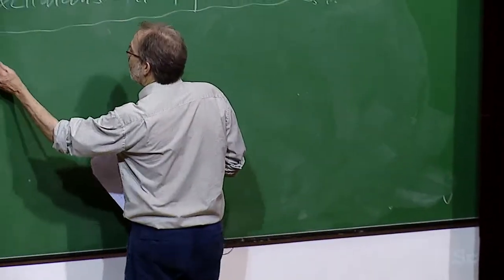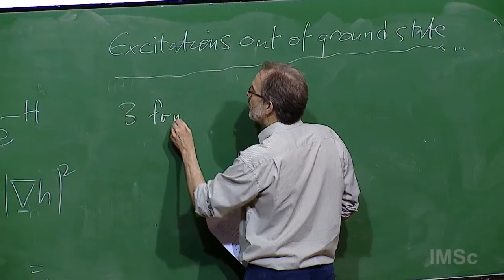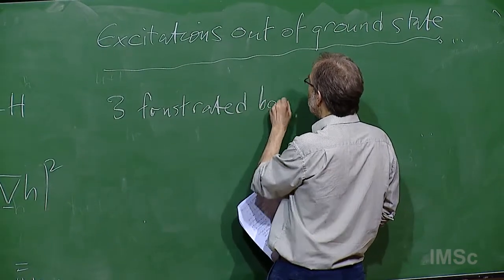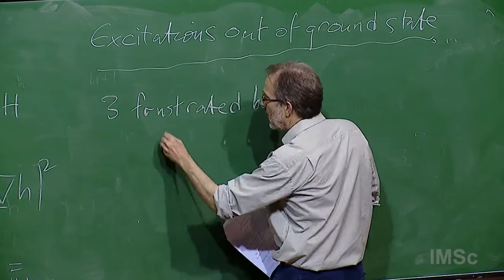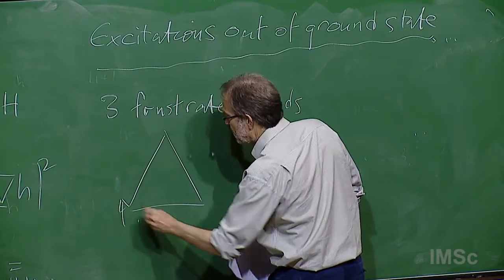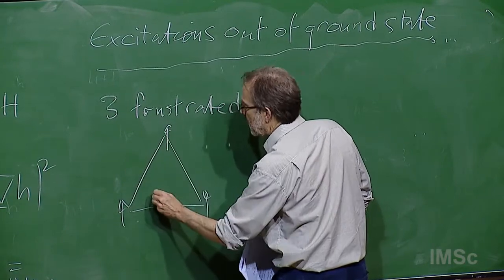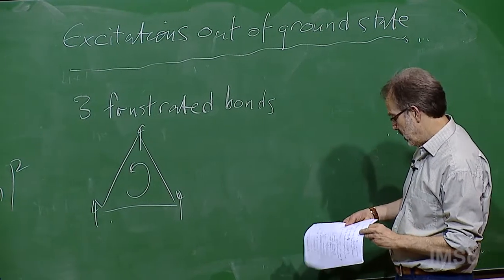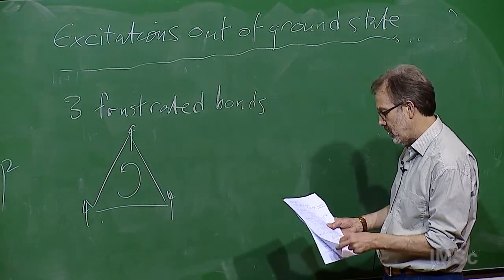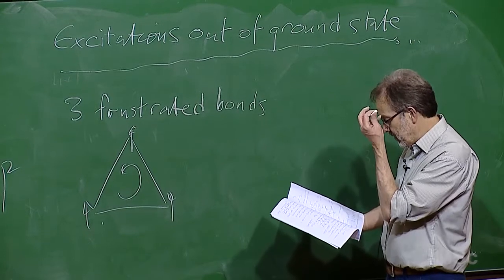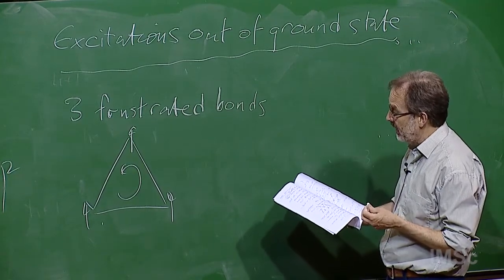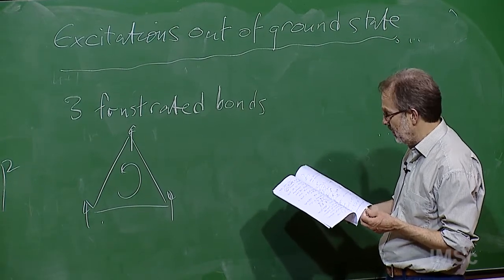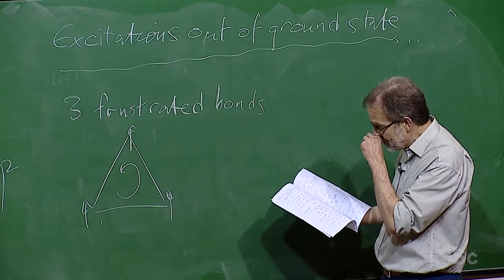So if we have 3 frustrated bonds, that means that we have a triangle with 3 parallel spins, and the rule that we were using was that the height changed by -2 units when we go across a bond with spins parallel.